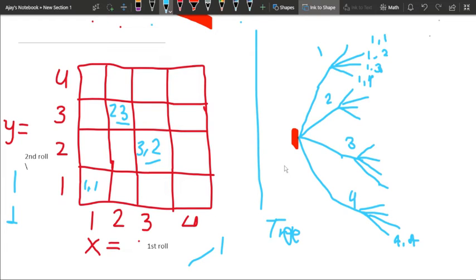So maybe we get a 2 in the first row, and then we take note of what happened in the second row, and maybe the result was a 3. So we follow this branch here.